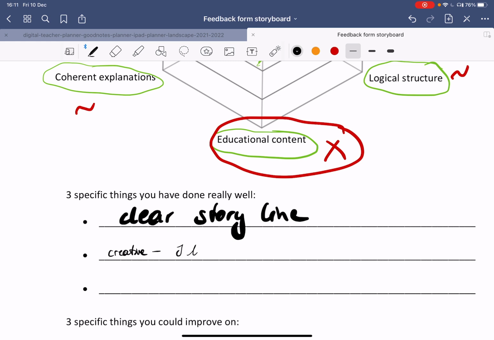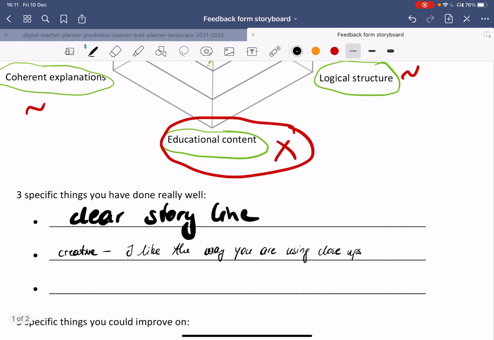I like the way, and that's what I found for this particular story, I like the way that person or you are using close-ups and long shots to emphasize the story or to emphasize parts of your story.